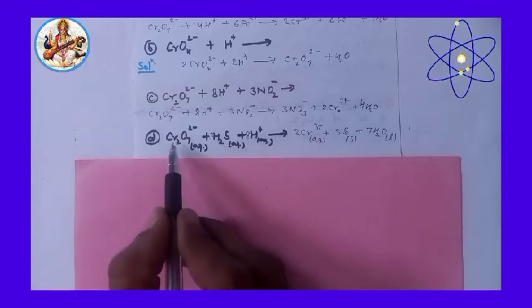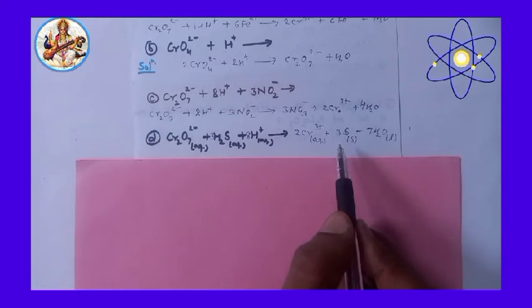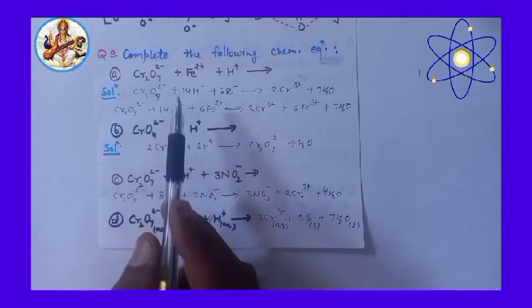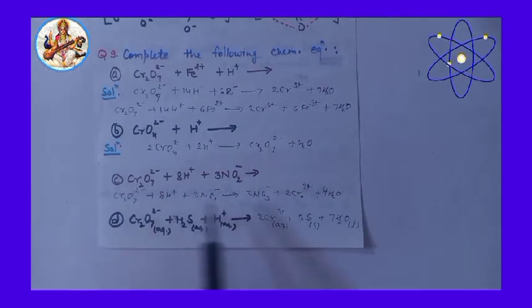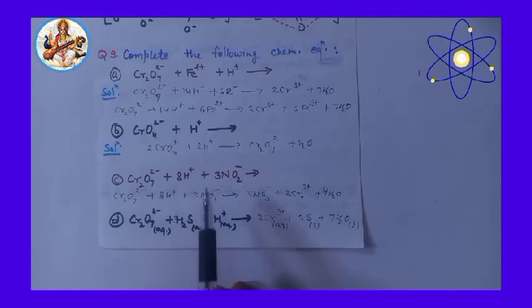So I repeat, in acidic medium, dichromate oxidizes H2S into sulfur. In all these reactions, the dichromate ion gets reduced to chromium 3+ and acts as a strong oxidizing agent.